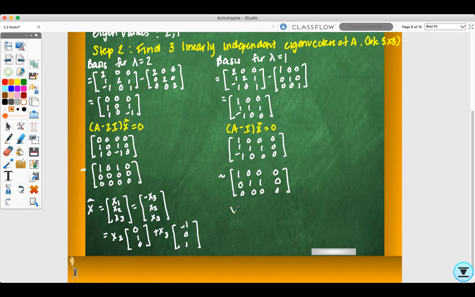So for this one, I would have 0, negative x3, and then just x3.